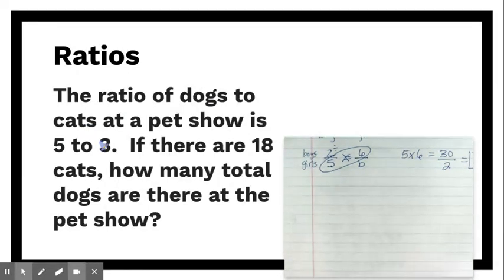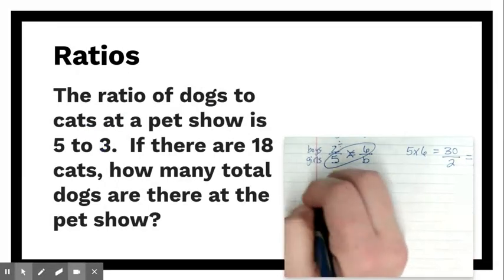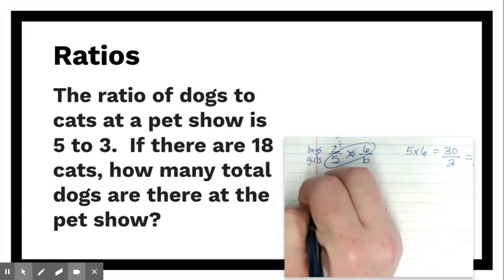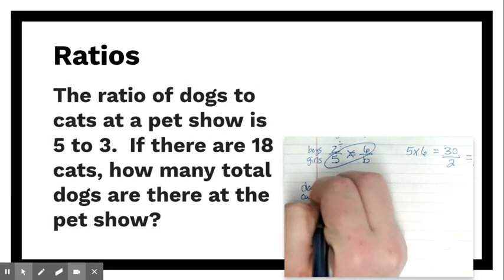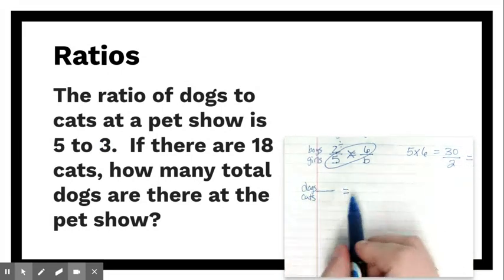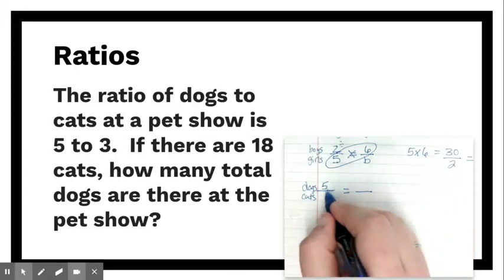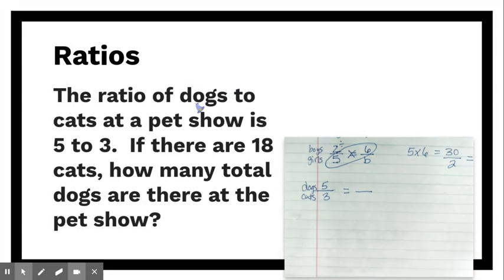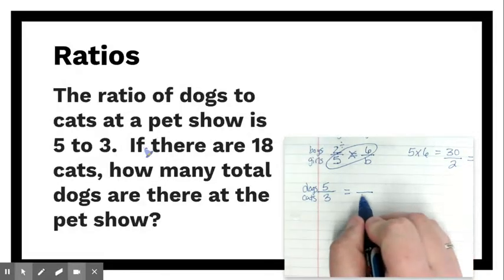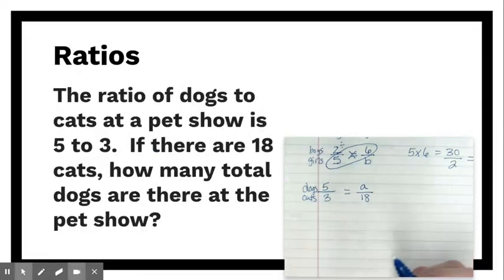I'm going to write dogs to cats, so the top is going to be dogs and the bottom is going to be cats. There are 5 dogs for every 3 cats. If there are 18 cats, I'm going to put that on the bottom because that's cats. We're still looking for how many dogs there are.